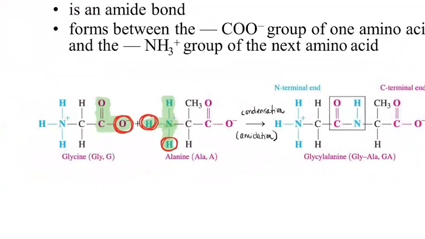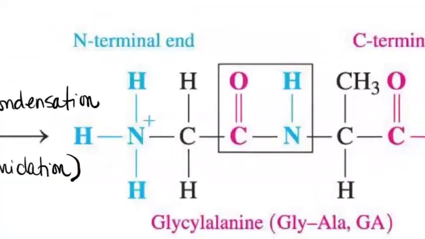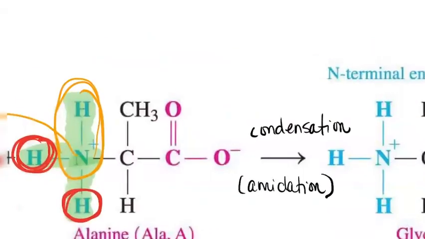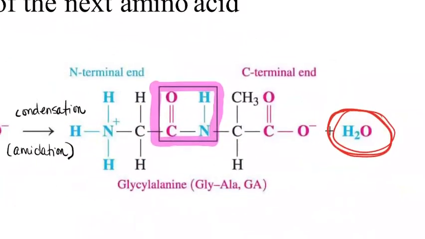Then what happens overall is that this nitrogen and hydrogen that we have here are going to connect to the carbon in the carbonyl. And when that happens, notice that this, what is shown in a box, which is called a peptide bond, is nothing other than an amide bond.